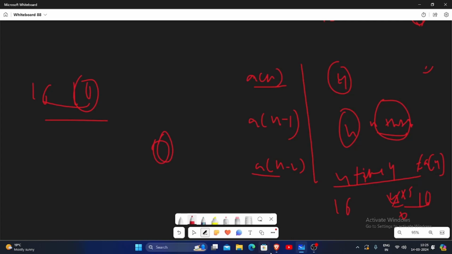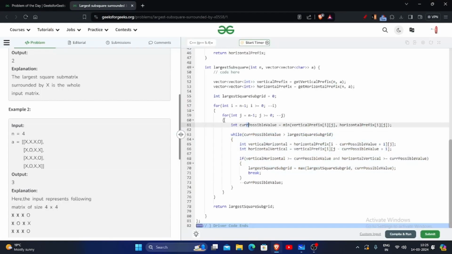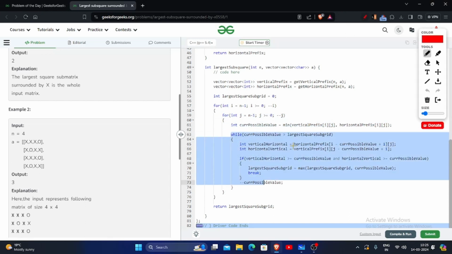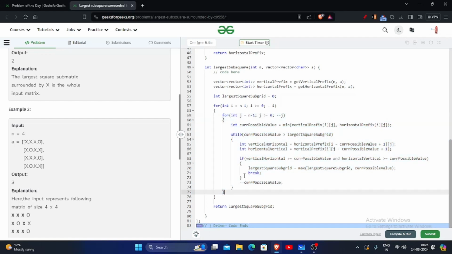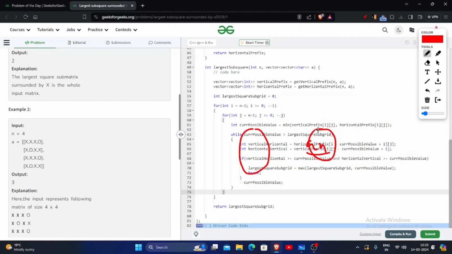Comparatively, if you see, the outside loop dominates in time complexity, because the inside loop has only the complexity of AP of n for this iteration. Next iteration it would have AP of n minus 1, and that's why the outer loop is the dominating factor. The inner loop runs for n times only when we are talking about this last element.